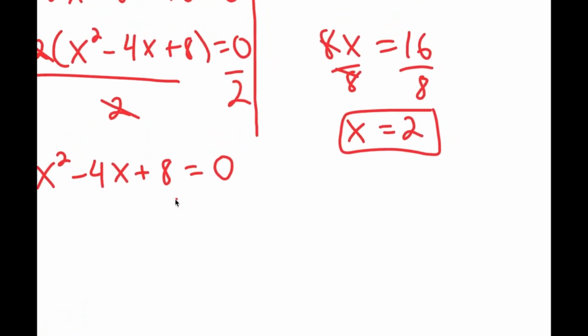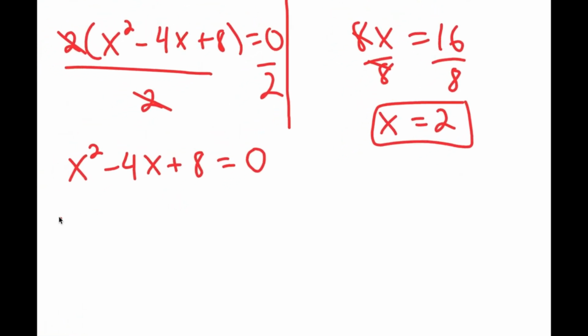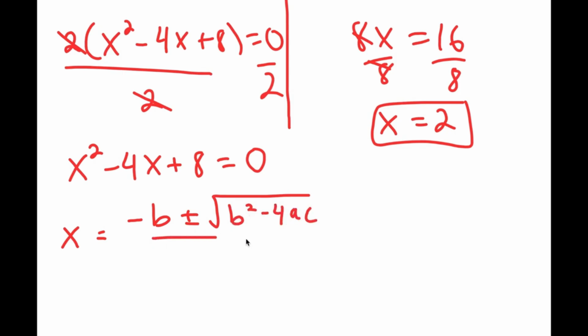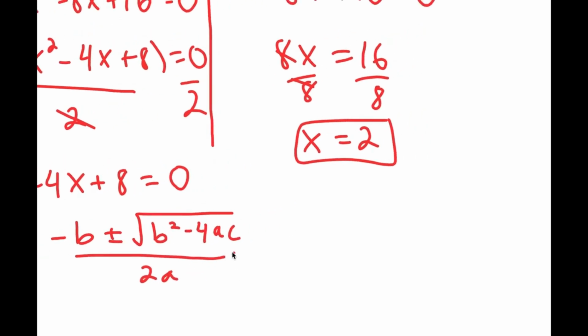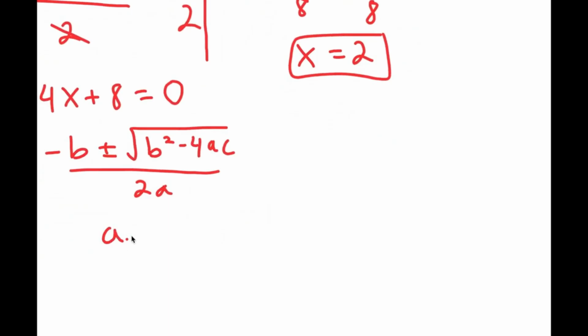And if I use the quadratic formula, which is x = (−b ± √(b^2 − 4ac)) / 2a, in this case a is 1, b is −4, and c is 8.